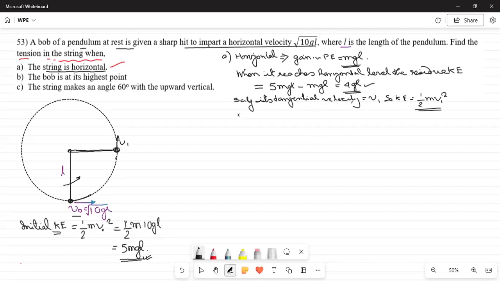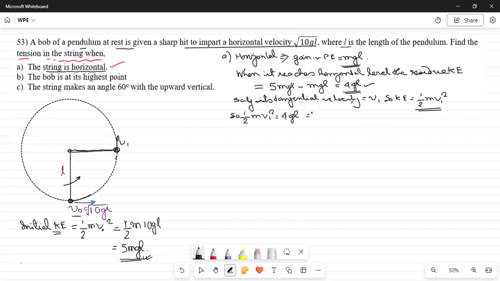Therefore, we write half m v1 square is equal to 4 mgL.